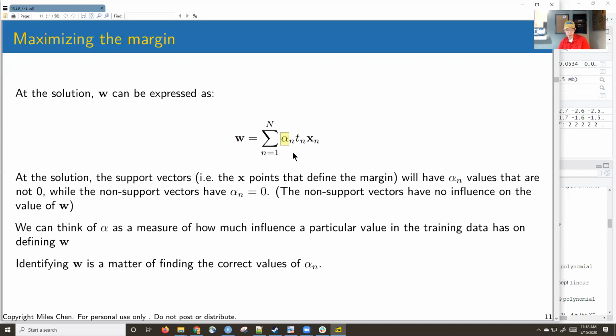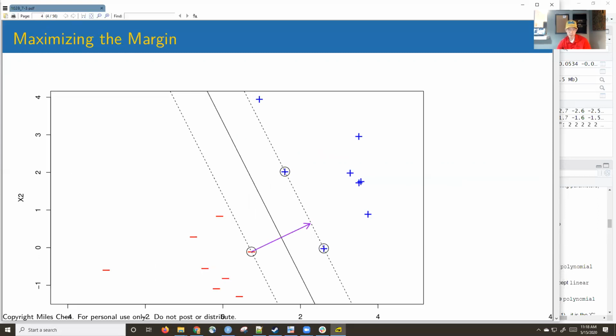Let me go back. Here's the picture of the boundary that we want. The boundary is defined by our vector w, which represents the perpendicular, or normal, direction to the boundary. And that vector w is defined just by our support vectors.